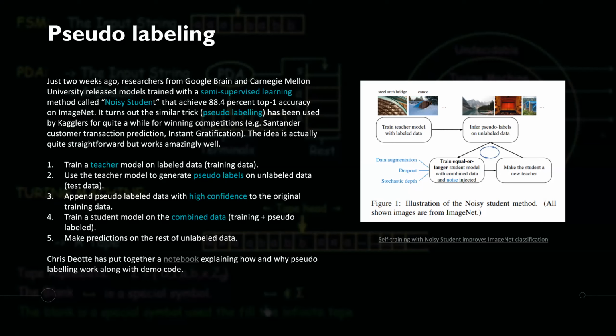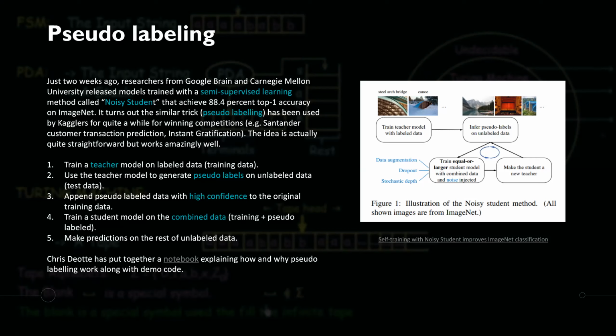So what we need to do is, first of all, we train a teacher model on labeled data, which is our training data set. Then we use the teacher model to generate pseudo labels on unlabeled data. This may sound a little bit weird, but let's say we train a model, and then we make predictions on the test data in the context of a Kaggle competition.